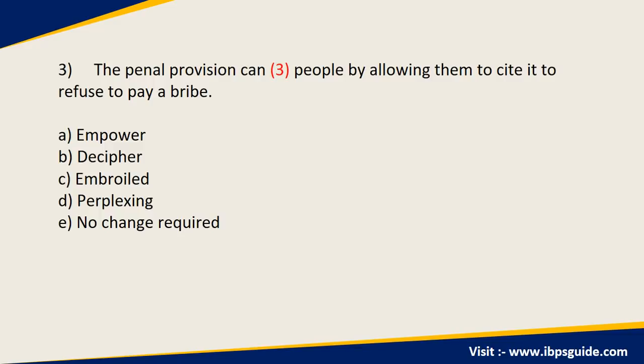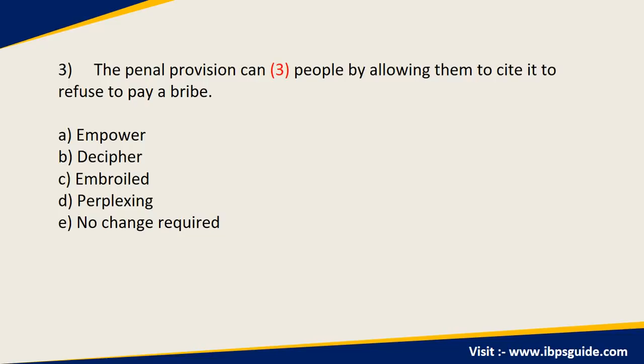Can, could, might, may, ought, all of these are modal verbs, and they are always supposed to be followed by a verb in its first form, which means we can eliminate options where the verb is not in its first form. Option A is empower, option B decipher, C embroiled, and D perplexing. So you can eliminate options C and D.